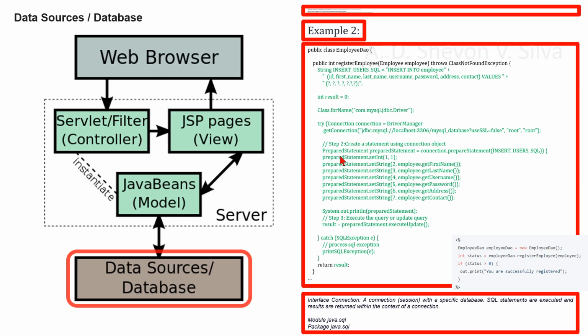Here you can see a create statement using the connection object, and execute the query or update query, and process SQL exception.